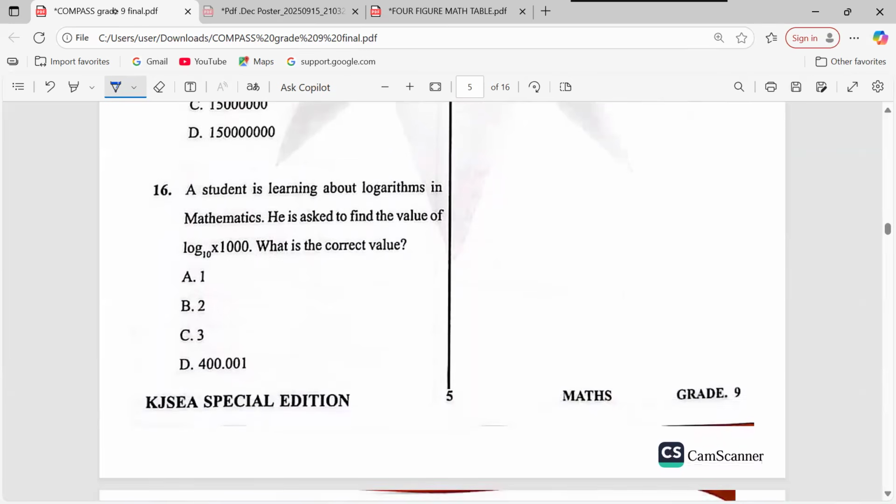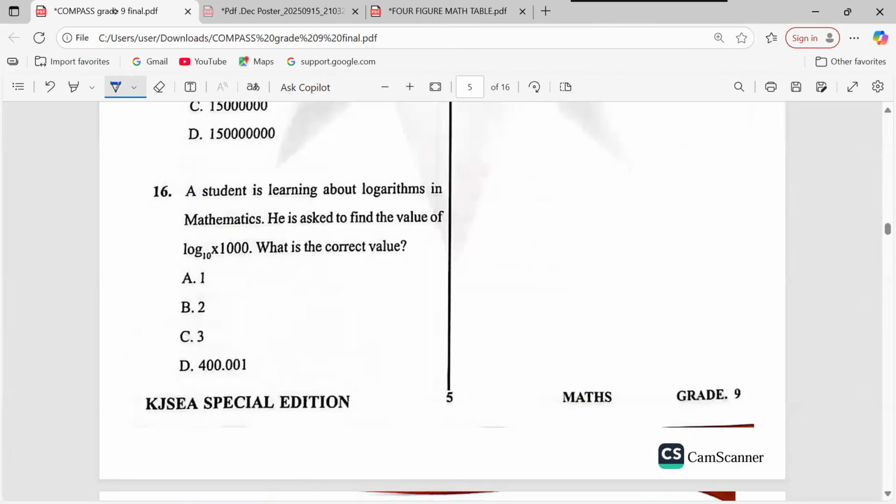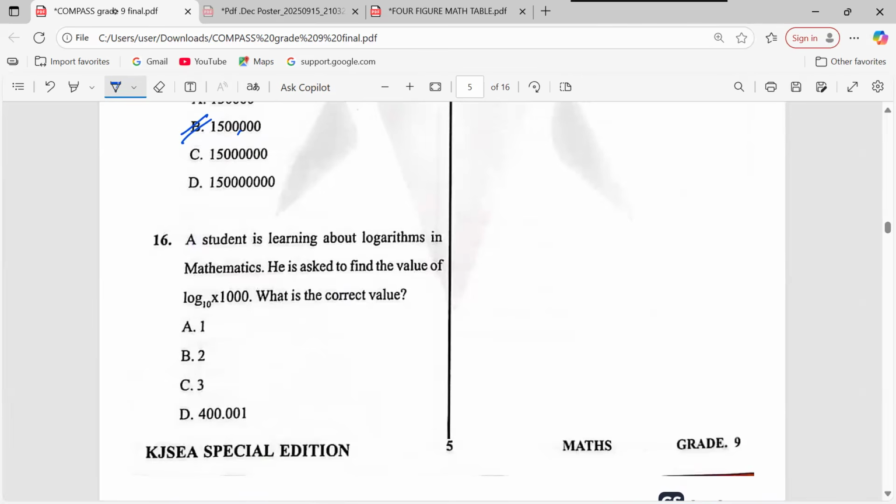19. A student is learning about logarithms in math. He has to find the value of log 1,000 to base 10. What is the correct value? You know, we are supposed to know that logarithm is the power to which the base 10 has been raised.